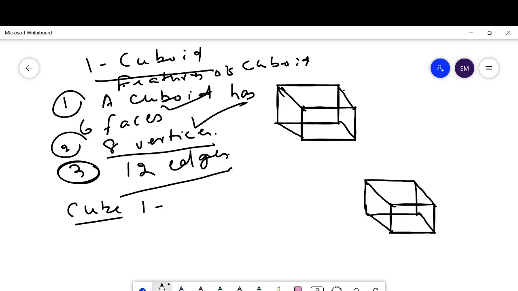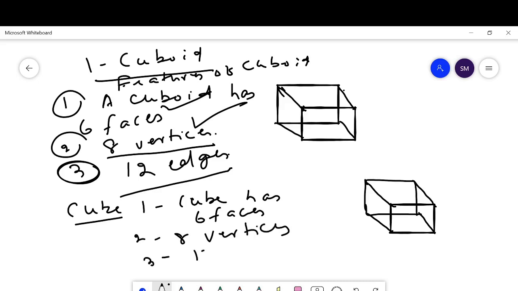So a cube has 6 square faces, 8 vertices and 12 edges. How many edges are there? 12 edges.